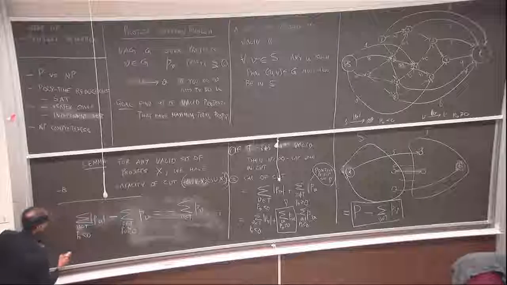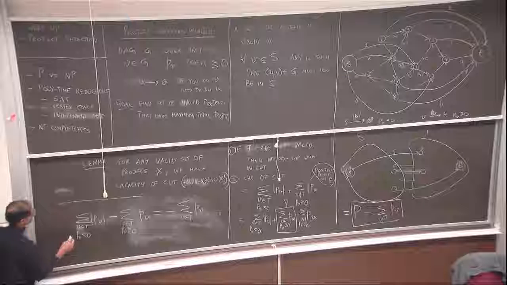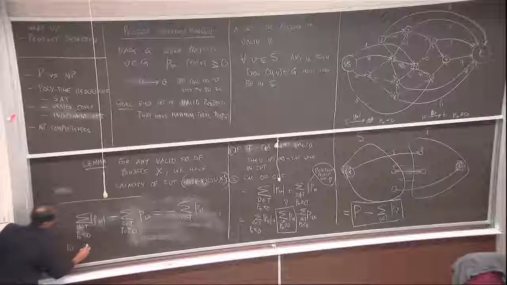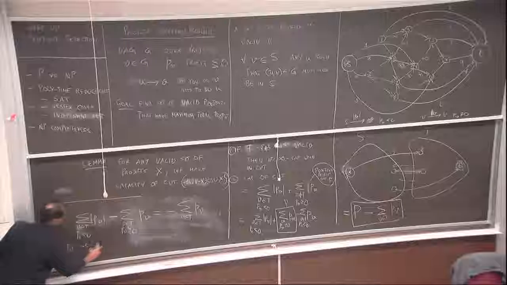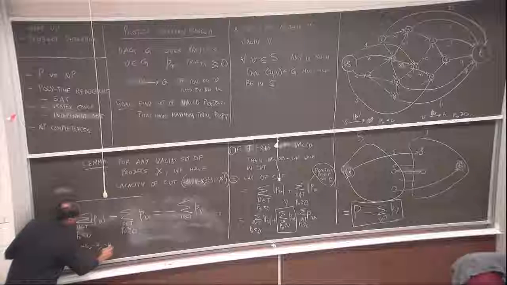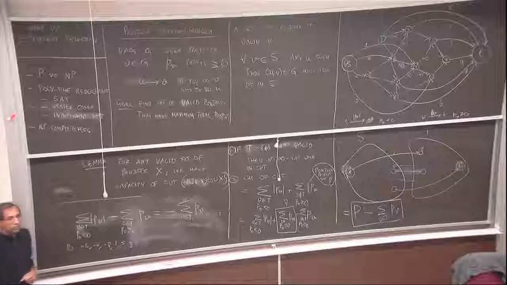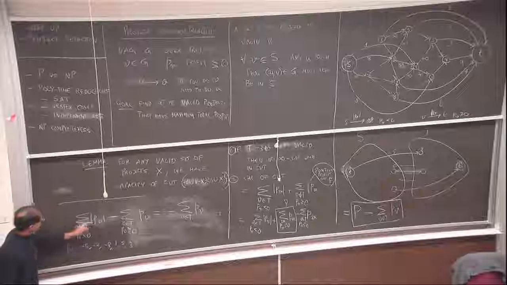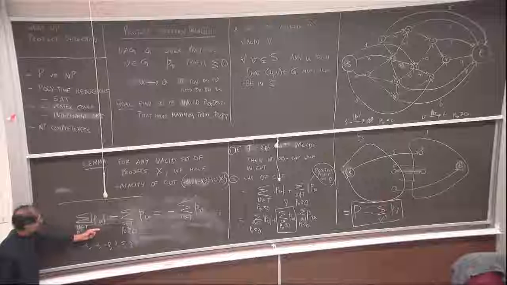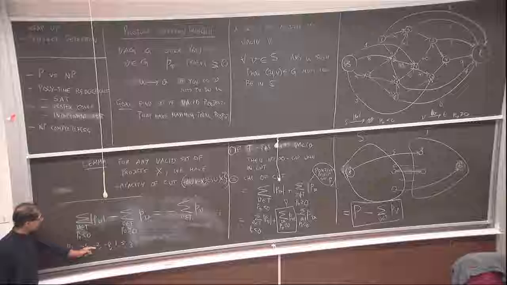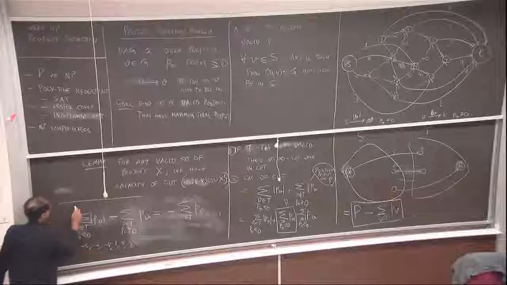Just to illustrate that in the context of an example, let's suppose the PV's values were minus 5, minus 2, minus 8, 1, 5, 3. Let's suppose this is what that was. Okay. What is this quantity equal to? 15. This quantity would be 5 plus 2 plus 8, right?